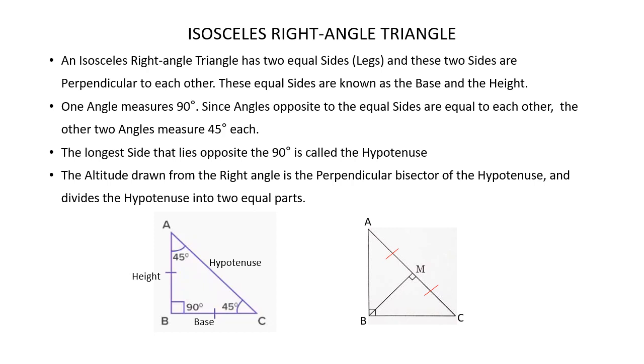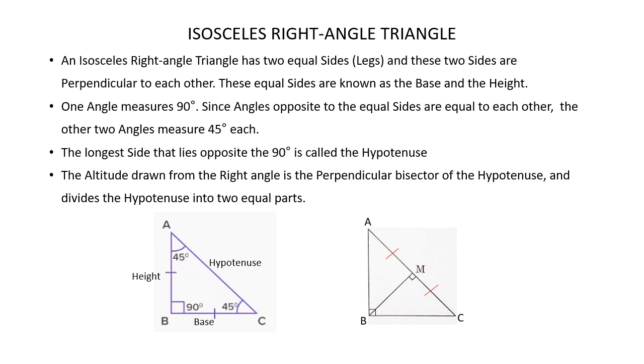Now the altitude drawn from the right angle is the perpendicular bisector of the hypotenuse and divides the hypotenuse into two equal parts. So if a perpendicular is drawn from this right angle to the hypotenuse, this perpendicular would divide the hypotenuse into two equal parts, which means AM is equal to MC.